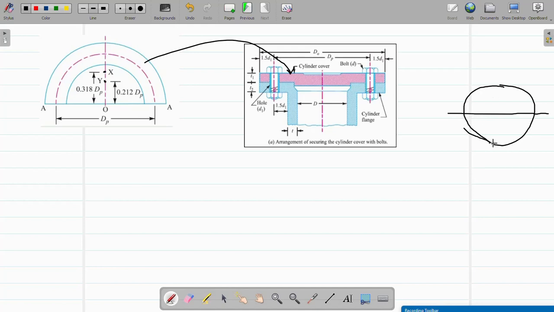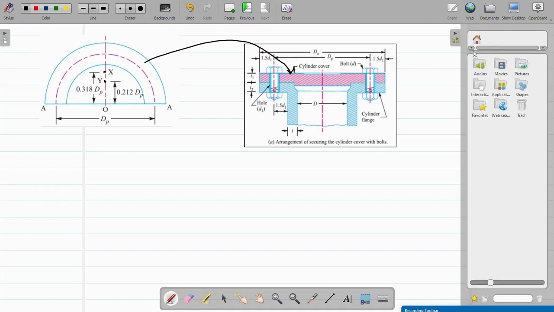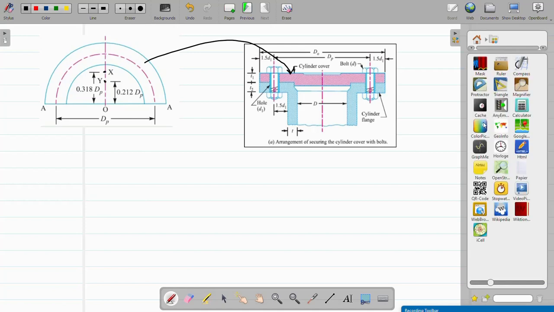Because it's symmetric. Either you can cut on this axis or this axis. In both these planes, I have to draw it again.